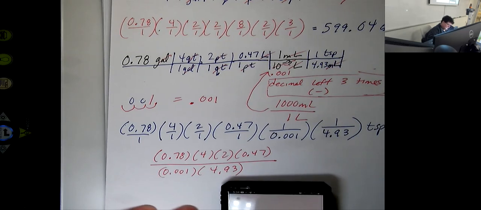What is off? .78, I've got the 4, I've got the 2.